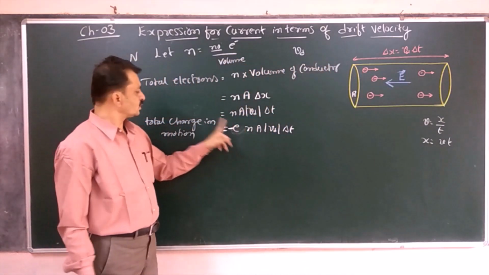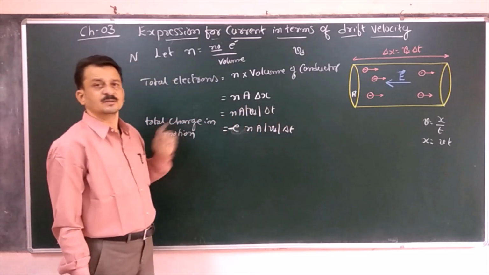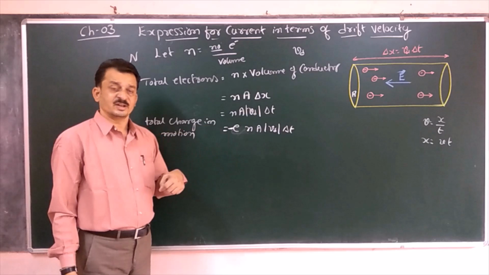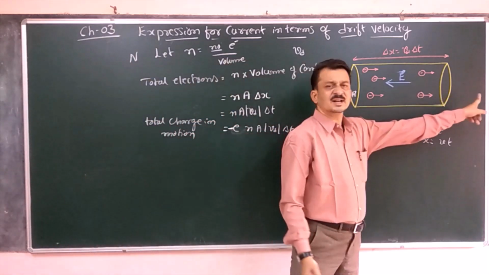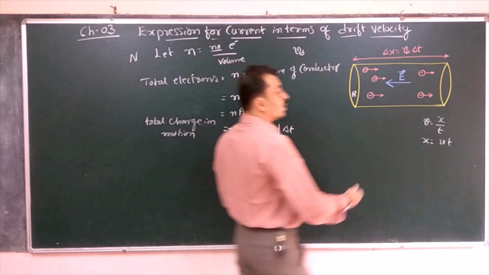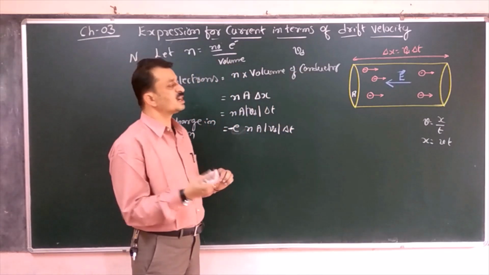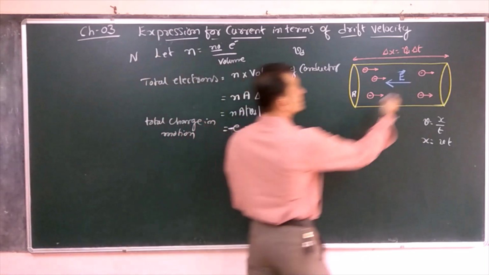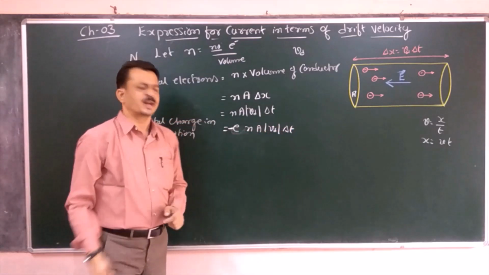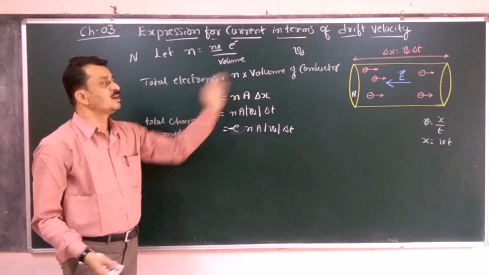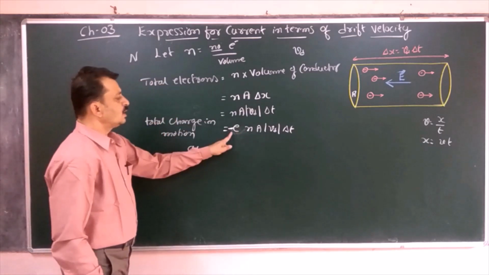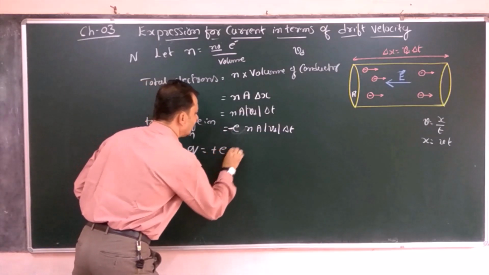Since the charge of the electron is negative, the total charge moving is this quantity with a negative sign. I want the charges moving in the direction of the electric field. Now these electrons are moving in the opposite direction to the electric field. The electric field is like this, and the electrons are moving in the opposite direction. But what we need is the amount of charge moving in the field direction. So since electrons are moving in the opposite direction, if we take the opposite of that, then the total positive charges are moving in the field direction. Very simple: the total charge moving in the direction of the electric field, same expression, and the one with minus obviously becomes plus.